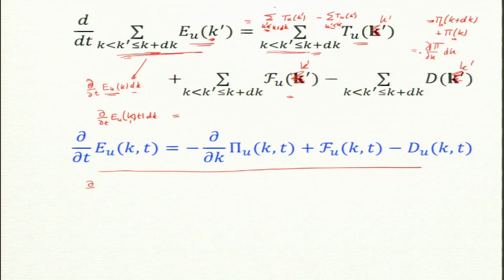There is a minus, minus partial d pi by dk. What about the third term, or second on the right? Any quantity summing over this is f_uk, math cal, so this is not the same as force, times dk. The last term is d_uk times dk. Now I just cancel dk. Well, dk is small but finite. So this cancels dk, and we get this equation.